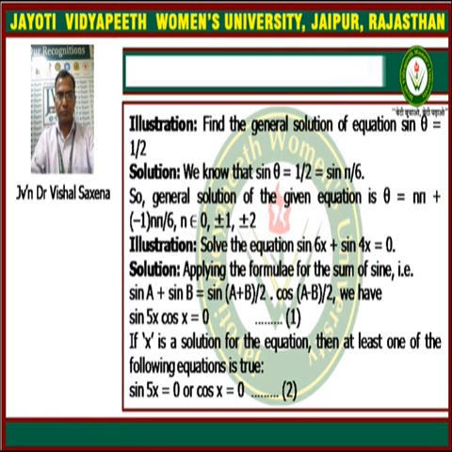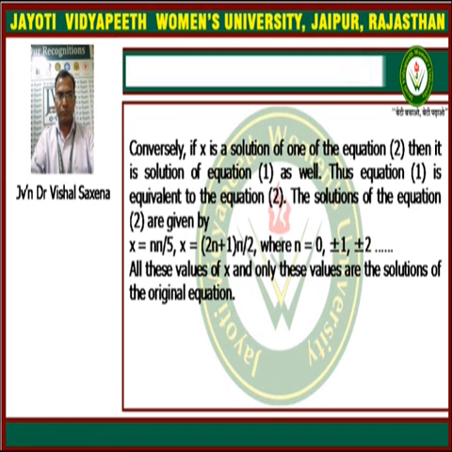If x is a solution of the equation, then at least one of the following equations is true: either sin 5x equal to 0 or cos x equal to 0. Conversely, if x is a solution of one of the equations in 2, then it is a solution of equation 1 as well. So equation 1 is equivalent to equation 2.